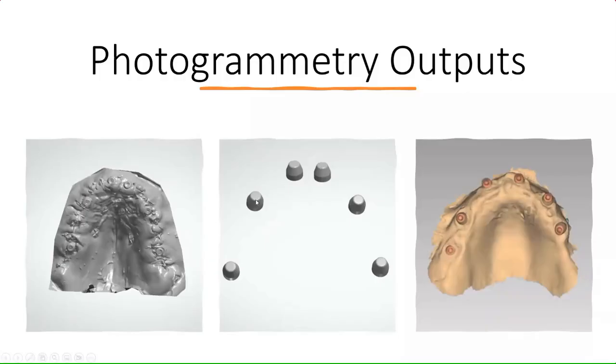One of the systems, which I'm going to go through in a little more detail, the iMetric system, actually matches your soft tissue with the original coordinates, and I'll show you that as well. So that's what we're looking at: we're picking up the accuracy of the implant positions with photogrammetry, and then we are translating that to the digital scan intraorally so that we can have the proper tissue relationship.